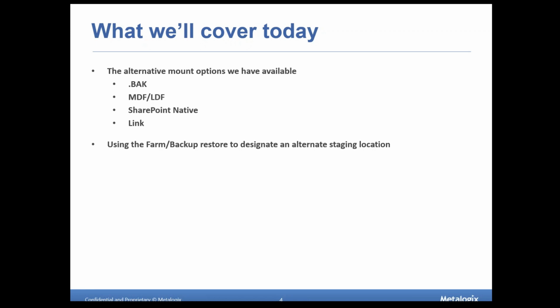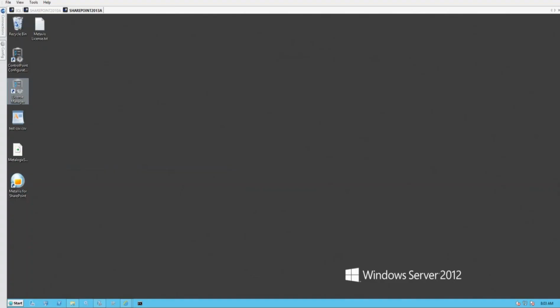And furthermore, we're going to look at some options we have to leverage the farm backup restore section of the tool to stage out data files to different file system locations as needed. So without any further ado, let's jump right into it.